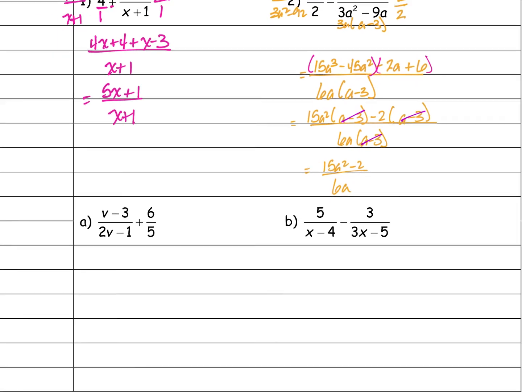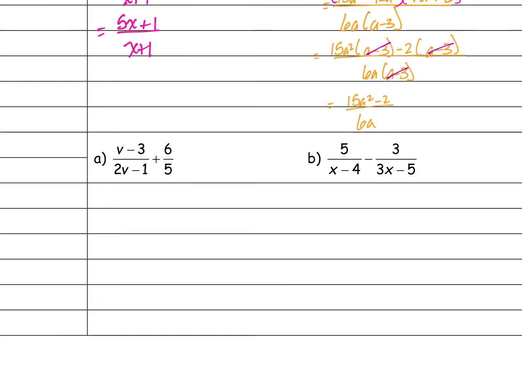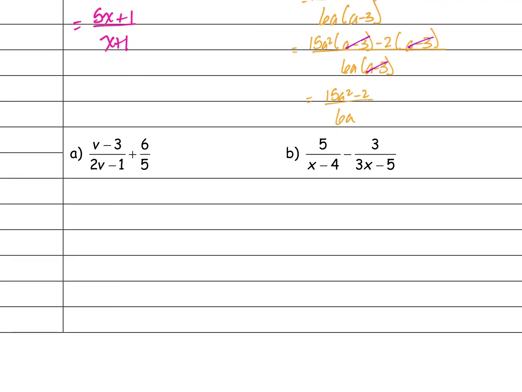Okay. All right, your turn, A and B. So my common denominator for A would be 5 times 2v minus 1. For the first one, I need to multiply by 5. And for the second one, I need to multiply by 2v minus 1.